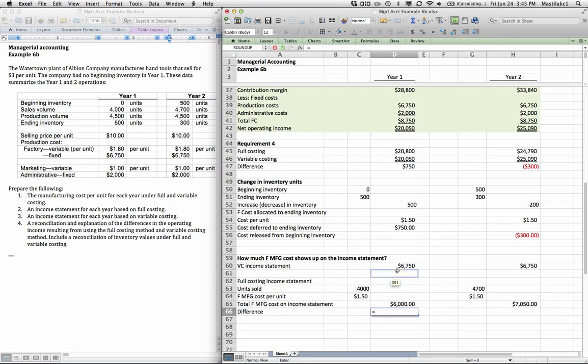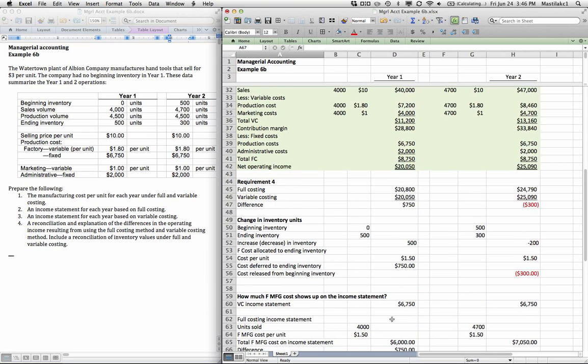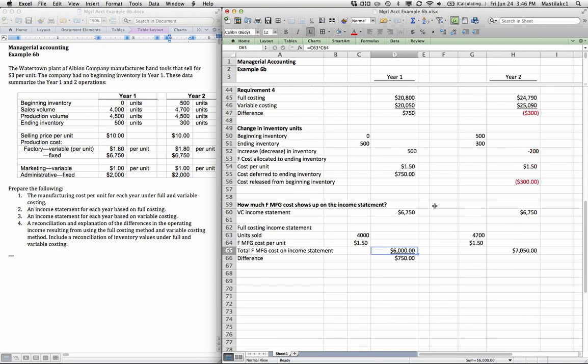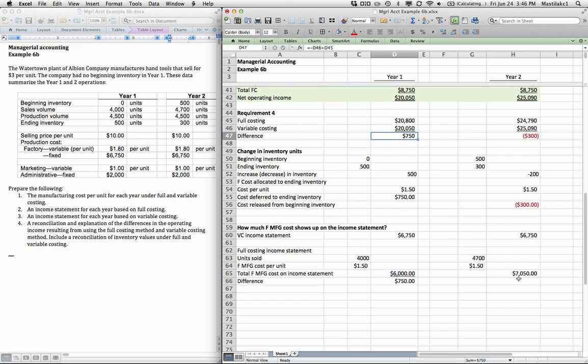So what this says is our variable costing income statement is going to show our full fixed cost of $67.50. But our absorption costing only shows the manufacturing cost associated with those 4,000 units sold. So that's our difference of $750, which is the same as our difference here.